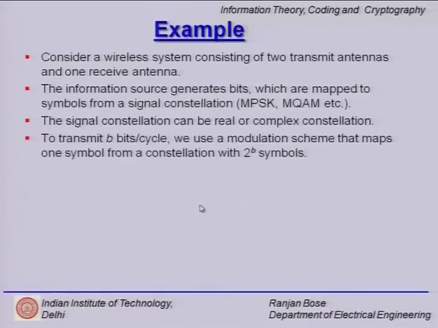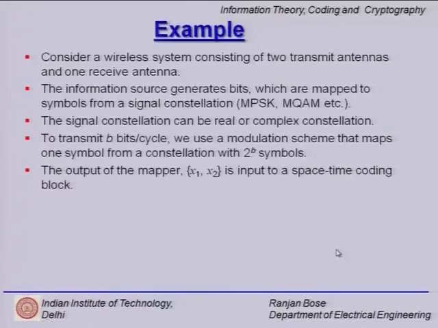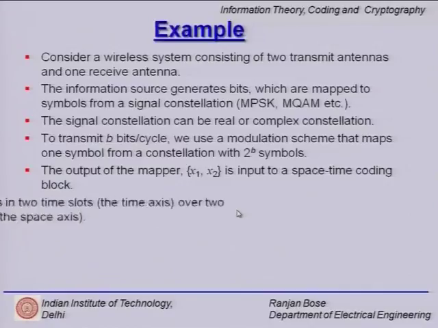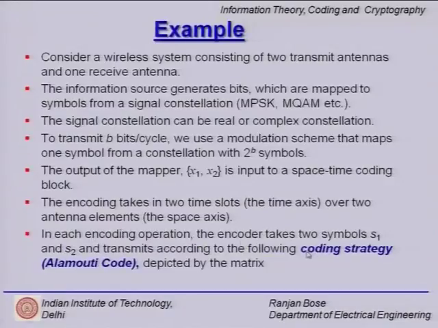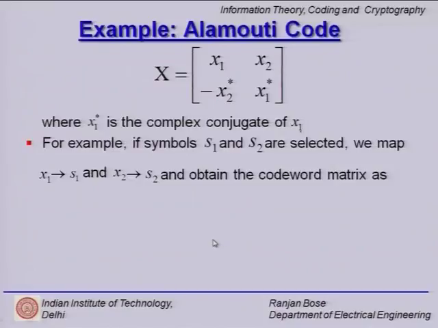Now, we will transmit B bits per cycle, and we will use a modulation scheme that maps one symbol from the constellation with 2 raised to B symbols, and the output will be x1, x2. And as we mentioned, this encoding takes 2 time slots, and we have this coding strategy.